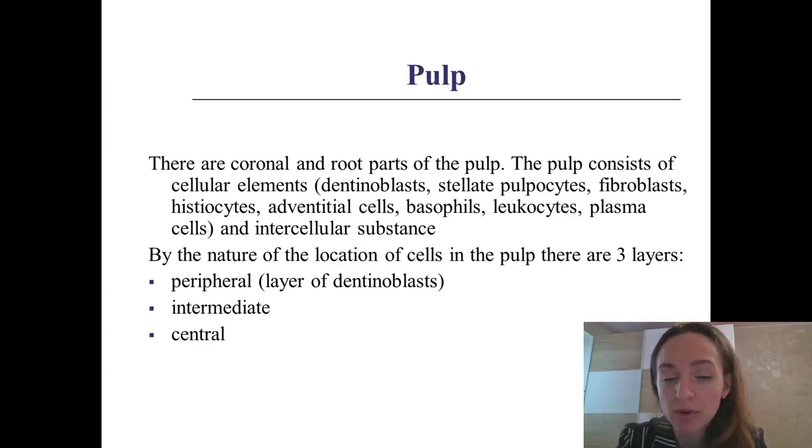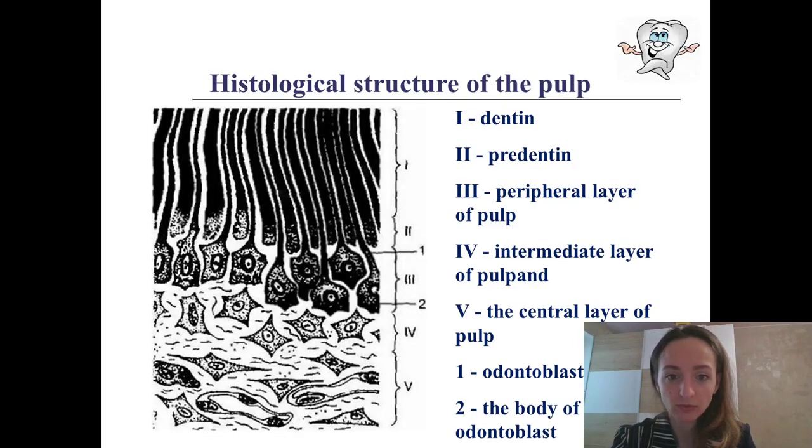So, dental pulp occupies the pulp cavity in the tooth and is a unique specialized organ of the human body that serves several functions. And about histological structure, look please.